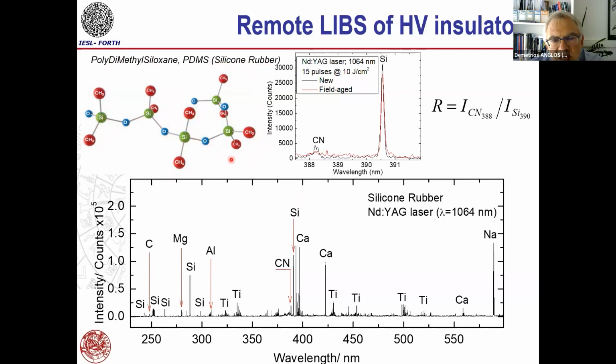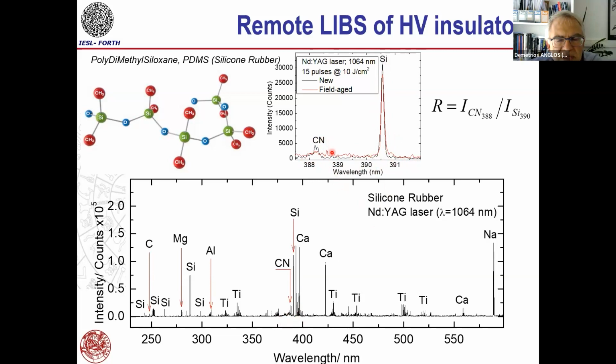There are certain techniques like FTIR spectroscopy that are possible, but with the LIBS technique, we can do it from far away. In fact, concentrating our attention on a narrow range of the spectrum, we identify an emission line from silicon, and we identify an emission line from what you see here, CN.